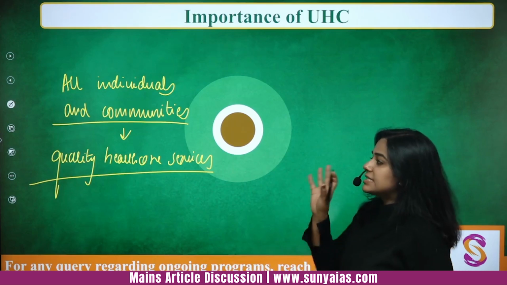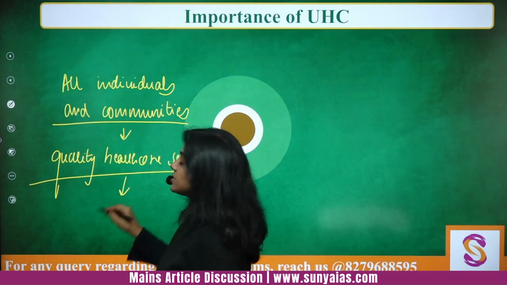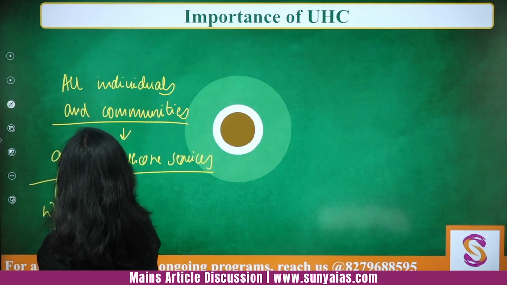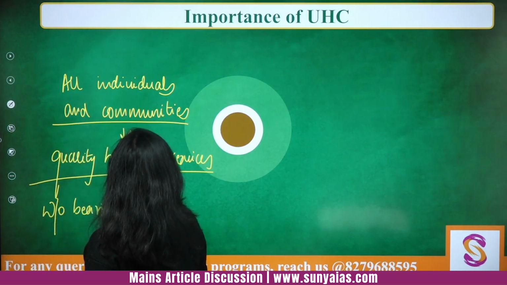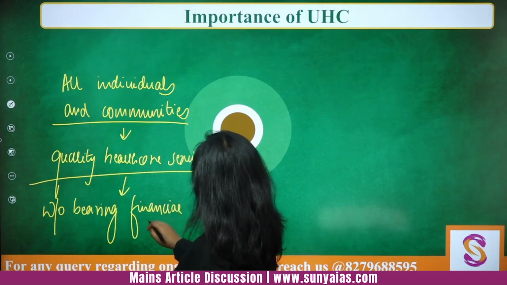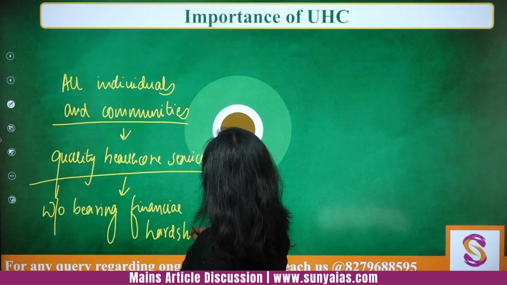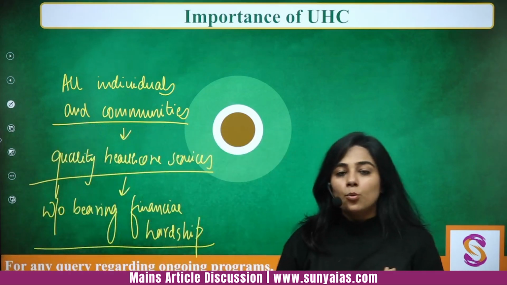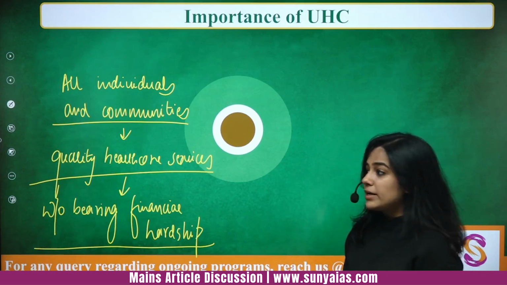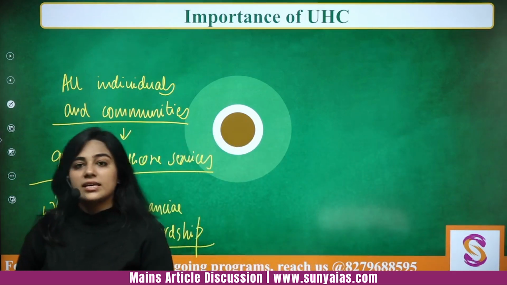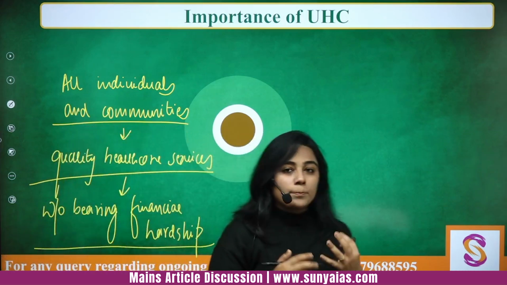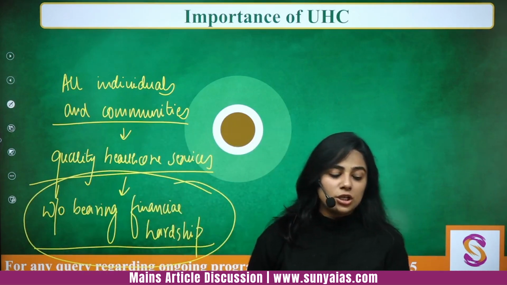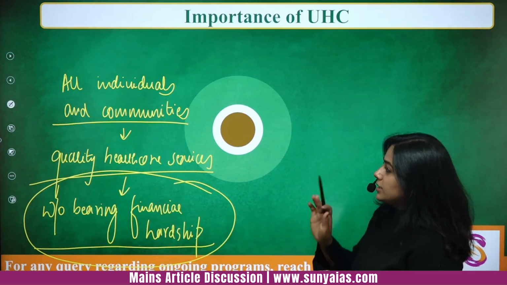And the most important part of this definition is without bearing any financial hardship. Because even in India right now, there are very good hospitals, private and public, which are giving quality healthcare services. But when they are quality healthcare services, they are very expensive. So the core part of universal health coverage is without bearing financial hardship. Okay. This is your definition.